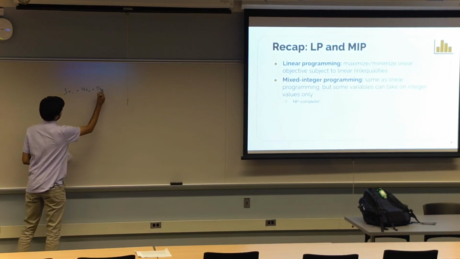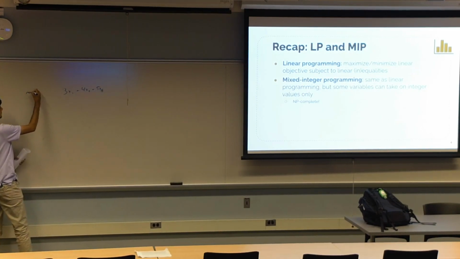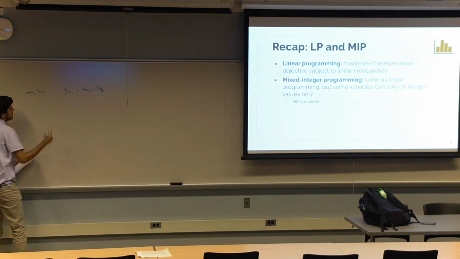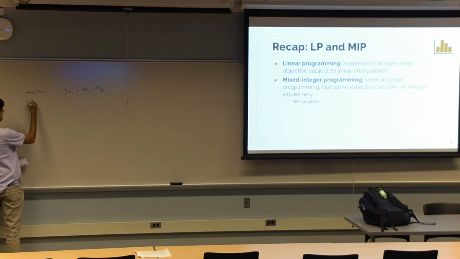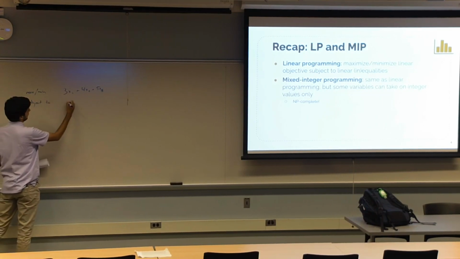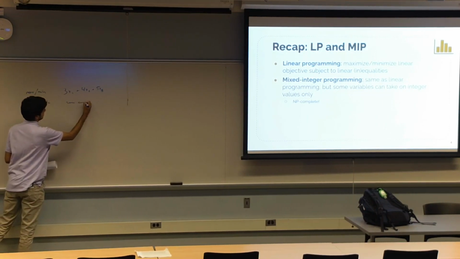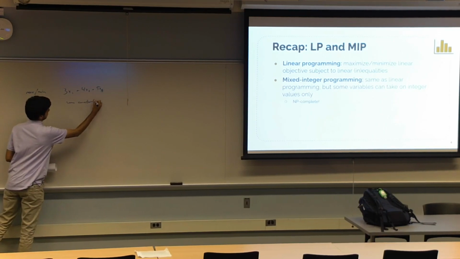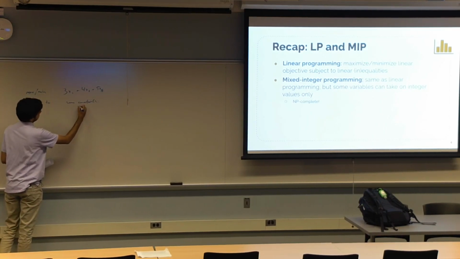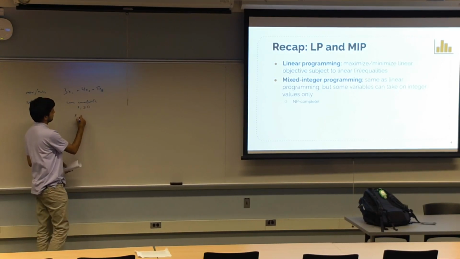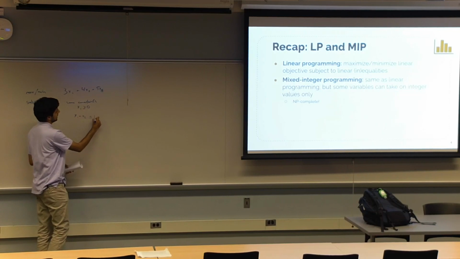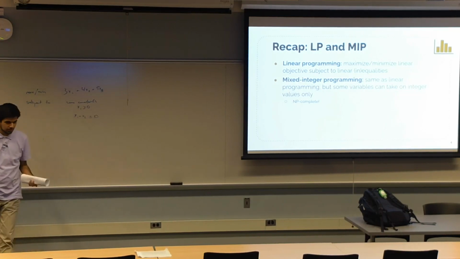And we wanted to either maximize it or minimize it. But the main point was that, of course, there are going to be some sort of constraints on our variables. So we would say, we'll maximize or minimize it subject to some constraints. So, maybe we said x1 has to be positive, or maybe x1 plus x2 cannot exceed 10. So that was a linear program.